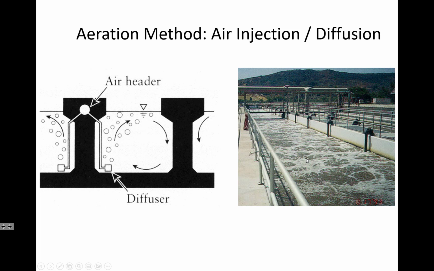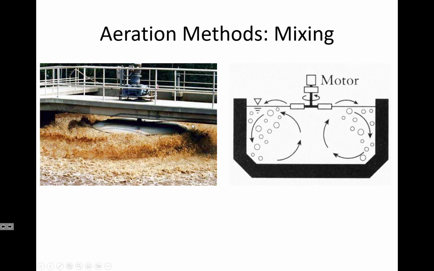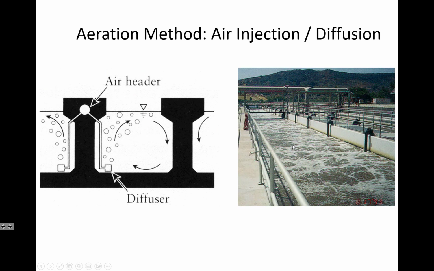If you have big bubbles, then they'll just get up to the surface before the oxygen gets dissolved into the liquid. And what we want is the microorganisms are actually taking the oxygen out of the liquid. The microorganisms don't take it out of the bubble. So we have to have oxygen transfer from an air bubble into the water, and then the microorganisms take the dissolved oxygen out of the water. So these diffusers are more efficient at getting the oxygen into solution than a surface agitator would.